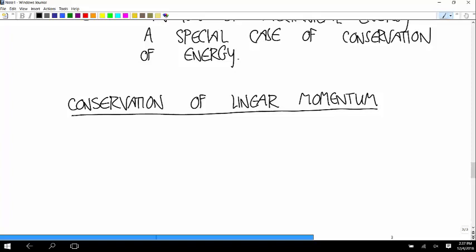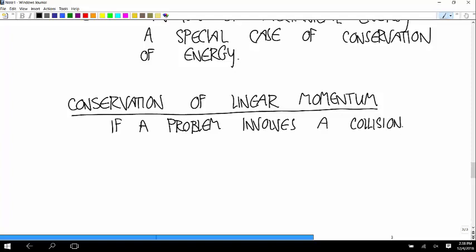And conservation of linear momentum, like I said, if a problem involves a collision, this is probably the way to go, probably the best approach.